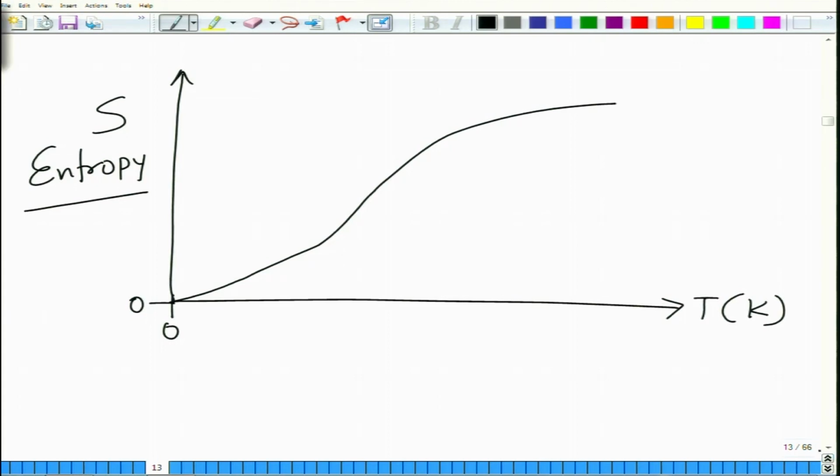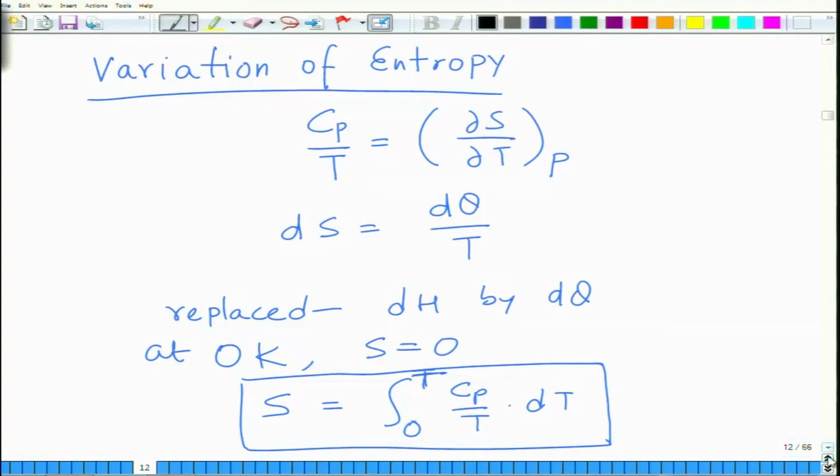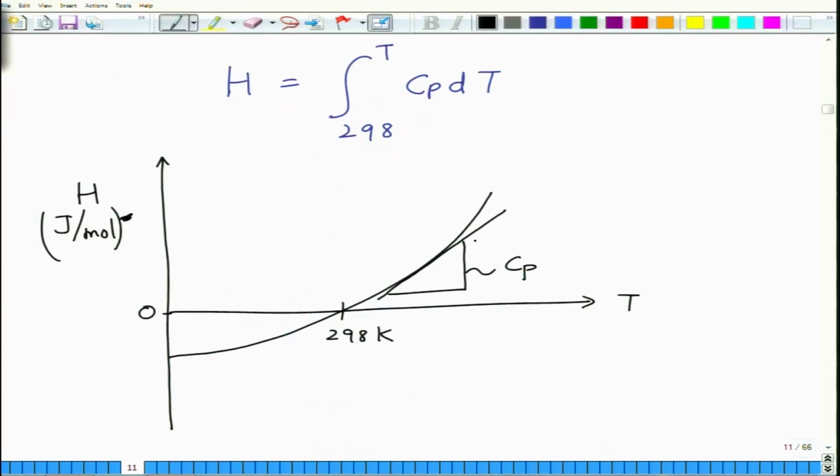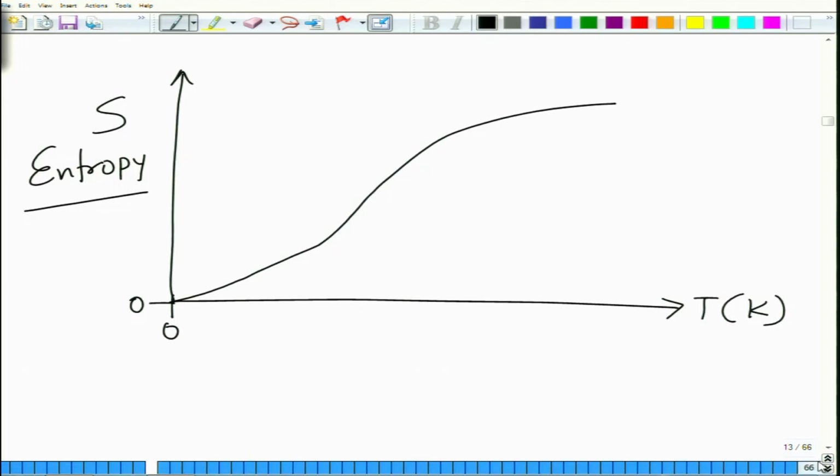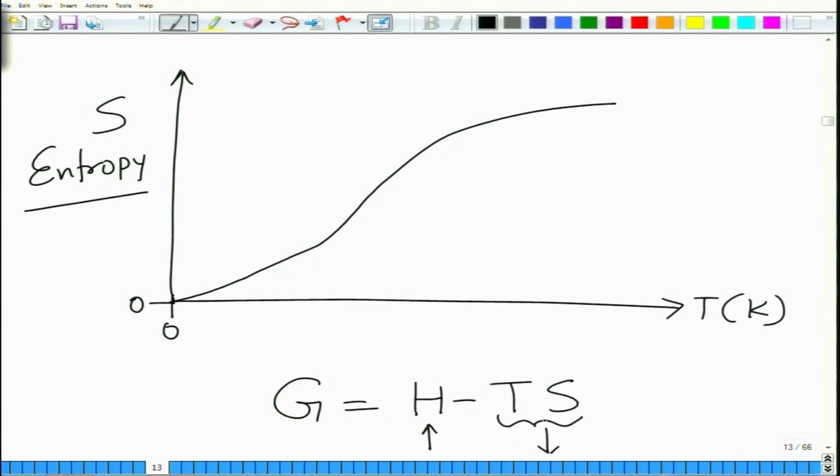You can see both of them: the enthalpy also increases as a function of temperature, and the entropy also increases as a function of temperature, but in the free energy equation, G is equal to H minus TS, the enthalpy increases and this term will decrease because S is also increasing as a function of temperature.